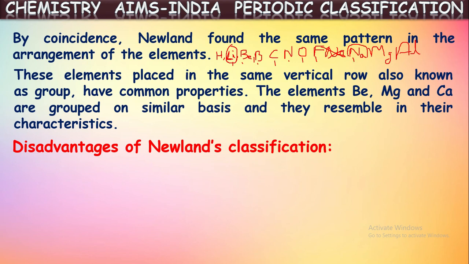So for lithium, the consecutive eighth element is sodium, and he observed these two elements have similar chemical properties. So he kept sodium below lithium. Now these elements he called one group, and these elements exhibit the same characteristics. In that way, the set of eight elements was called an octave by Newlands.